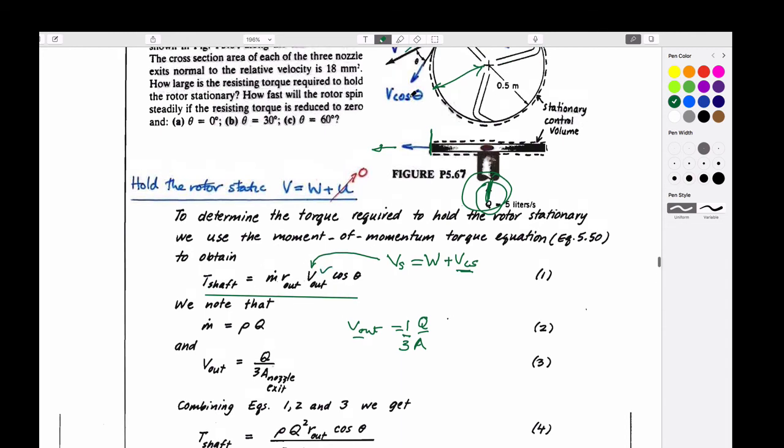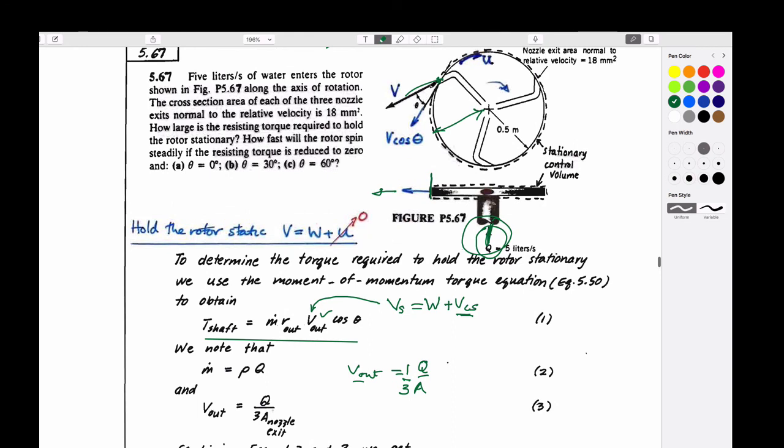If it's aligned parallel to this circumference, then this angle theta is 0, and if it's not, the component acting along this is going to be V cosine theta, because it's aligned in the direction tangential to this. And we know what the mass flow rate is.